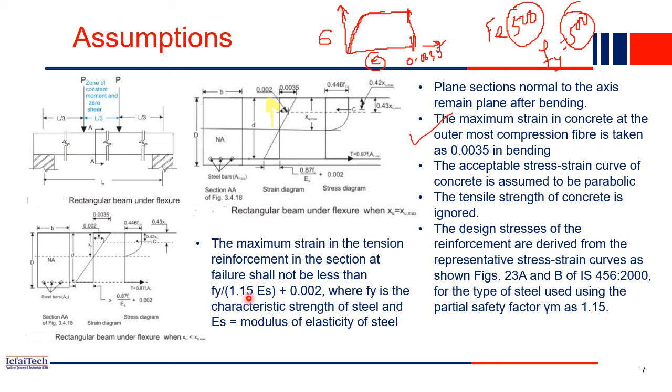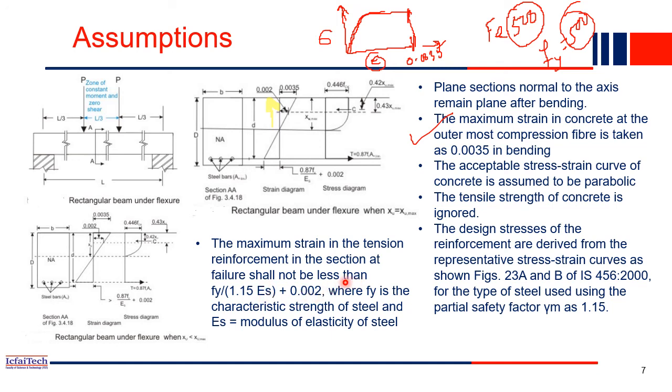Fy, the stress, divided by the modulus of elasticity will give you strain. The maximum strain in concrete is 0.0035. It is fixed for all grades of concrete, the code says. Whereas for different grades of steel, the maximum strain is different. So using this formula, we have to compute. For example, for Fe 500, the Fy value is 500 by 1.15 into Es. Es is the modulus of elasticity of steel, which is 2 into 10 to the power 5 Newton per mm square, plus 0.002.